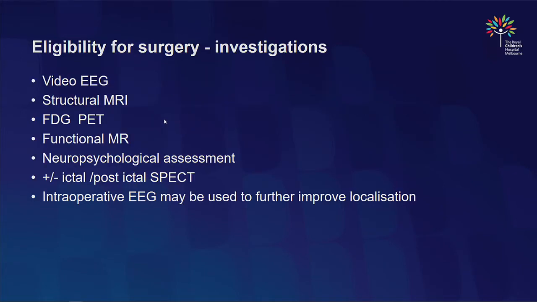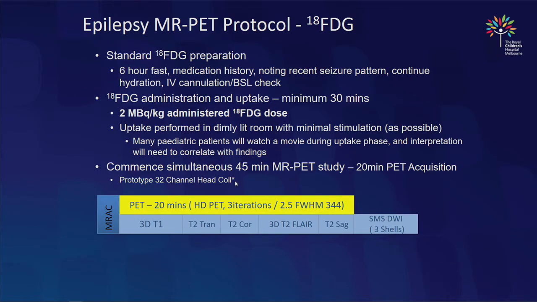And so, again, as Kevin said, it's multi-modality. There's many investigations. There's the video EEGs, structural MRI, the FDG PET, functional MRIs, neuropsych assessments, possibly SPECT imaging with ictal and post-ictal SPECT. We do less of that now, and intraoperative EEGs. So our standard protocol is to have them fasted, normal preparation.